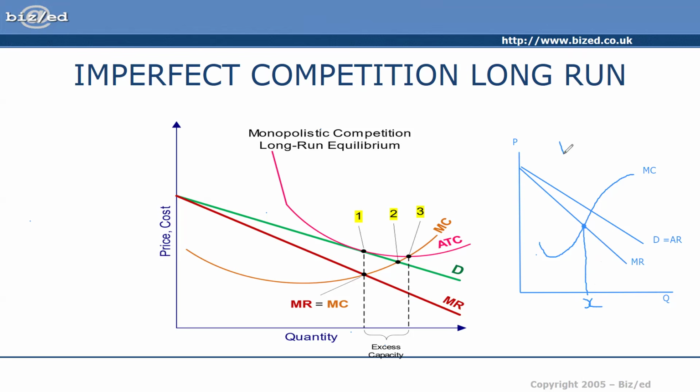So if I also draw my average cost like this, and go up from where I produce X, at this point, when I produce X, my average cost and my average revenue are equal. So that will be considered normal profits.